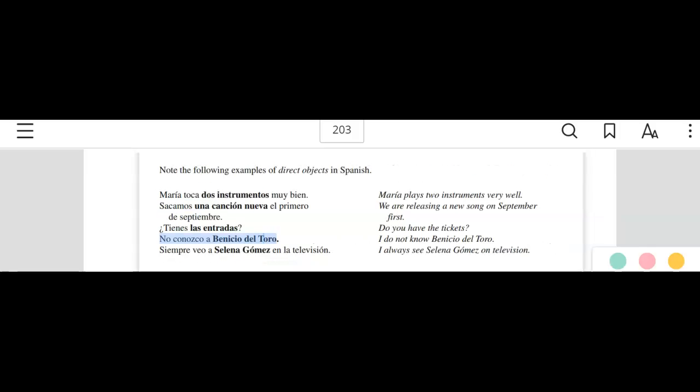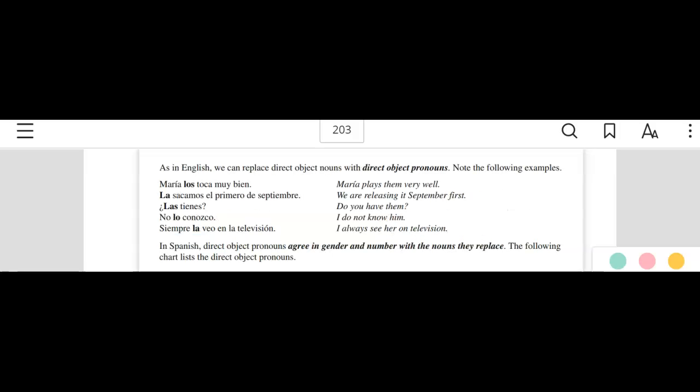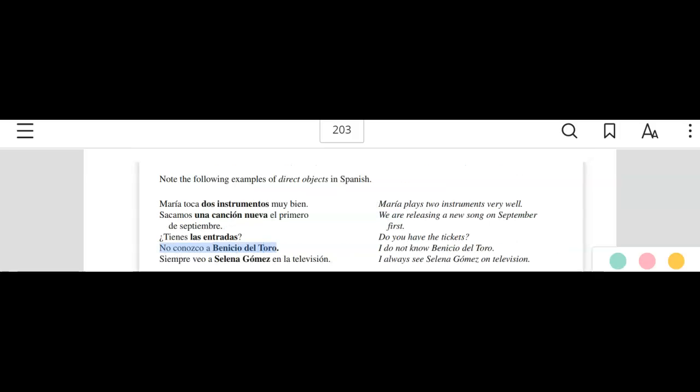No conozco a Benicio del Toro. You could also say, no lo conozco. In this case, the direct object pronoun is lo. I don't know him. Here's another example. Siempre veo a Selena Gómez en la televisión.